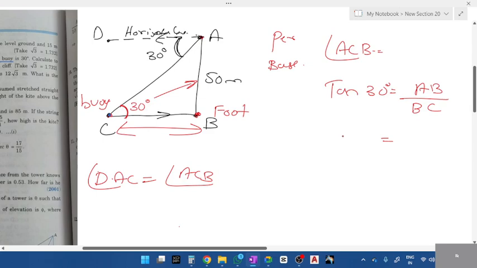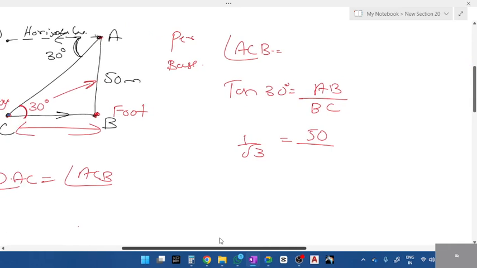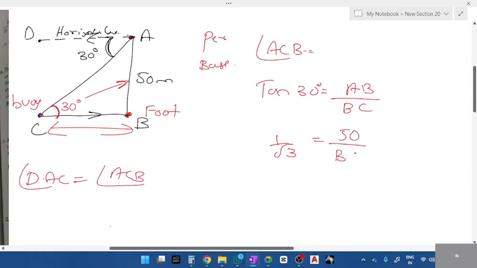What is tan 30? 1 by root 3. BC is the distance from the foot of the cliff to the buoy, so that is nothing but CB. Keep it as BC or CB as it is. Solve this question.